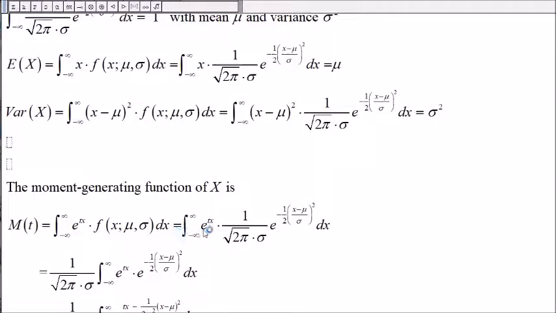And so in this case, we have e to the t x, where t is just a real number, times 1 divided by the square root of 2 pi times sigma times e to the negative 1/2 times (x minus mu divided by sigma) squared. So this is just e to the t x times f of x, which is the normal density function.